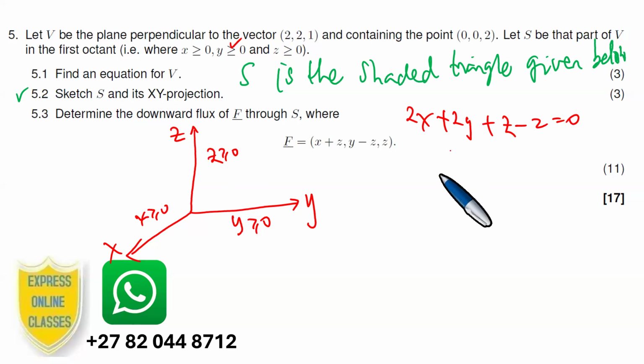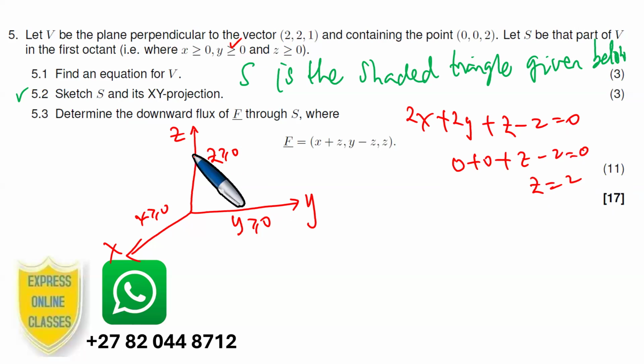If we are in the xy plane, then we say z equals 0. If x and y are 0, then you have 0 plus 0 plus z minus 2 equals 0, which means z equals 2.